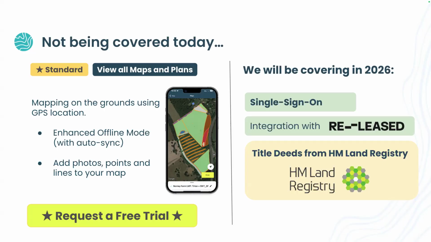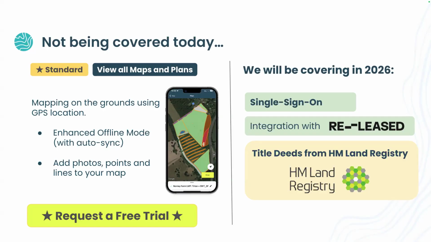So on the left, quite a big function for Land App this year has been our mobile app. So you can now map on Land App out in the field that uses GPS location. So you don't have to have signal at that point. It will follow you where you're going. And that syncs automatically once you do have signal with your desktop.